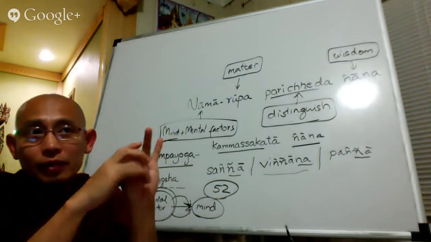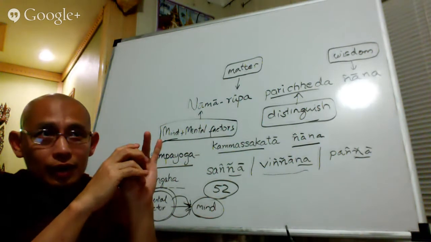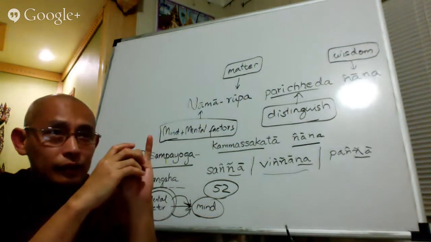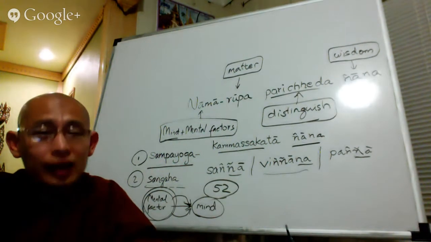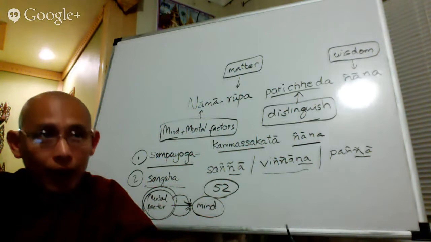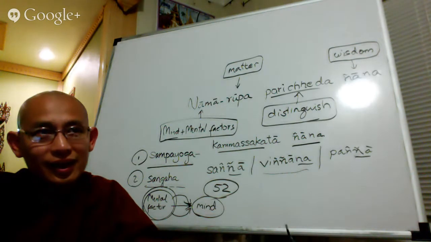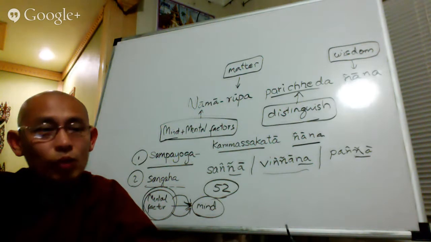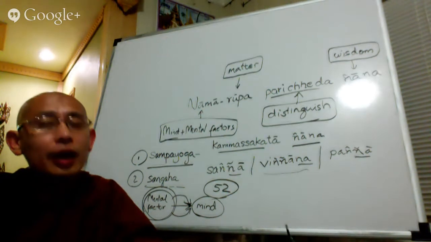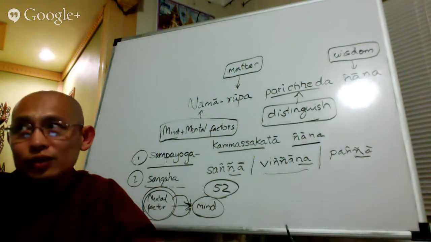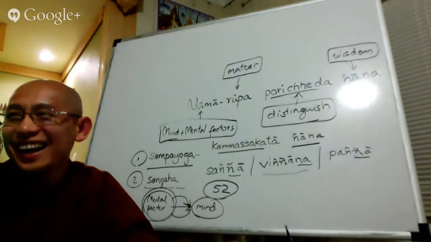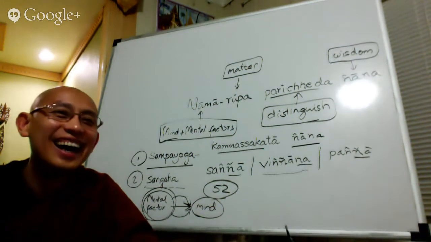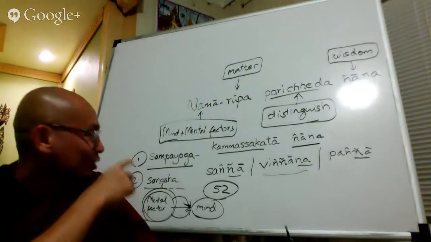And then Anagami Phala, first jhana, and Arahant, first jhana. So altogether, 8 first jhana in the Supramundane mind. The Vitaka is associated with only the 8 first jhana of Supramundane mind. This is a very easy way, no?